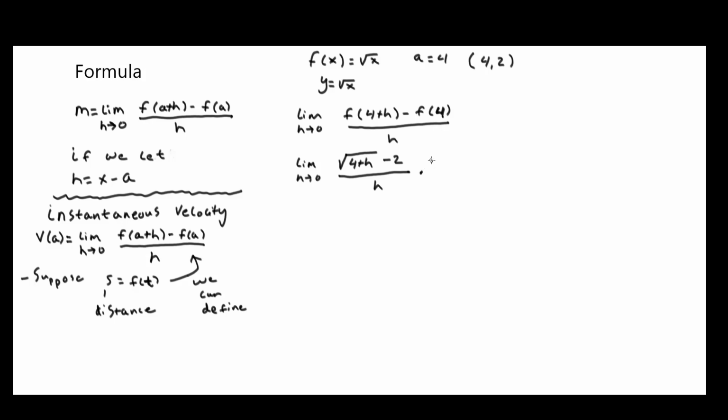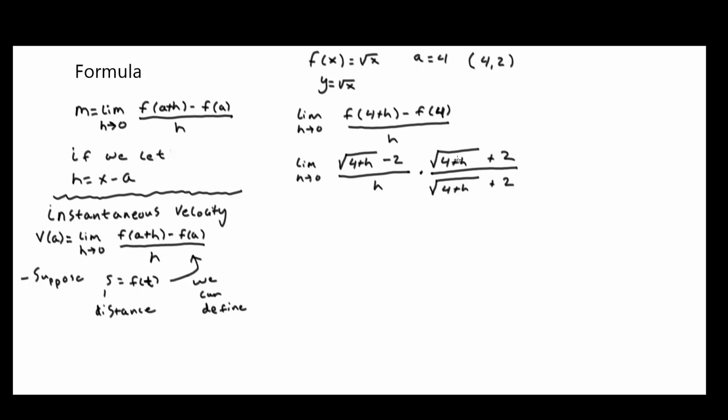So we're going to multiply both the numerator, so 4 plus h, and the denominator by our conjugate. So we just change the sign here from a negative to a positive. So 4 plus h plus 2.